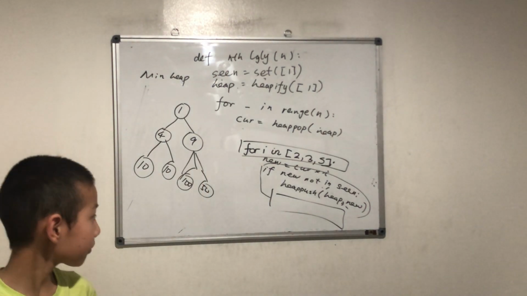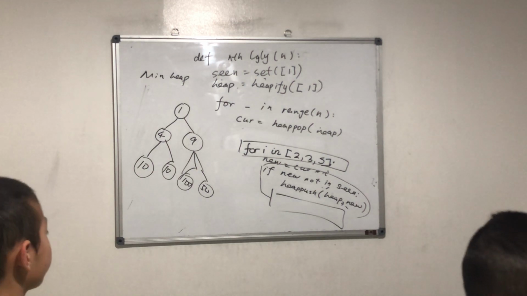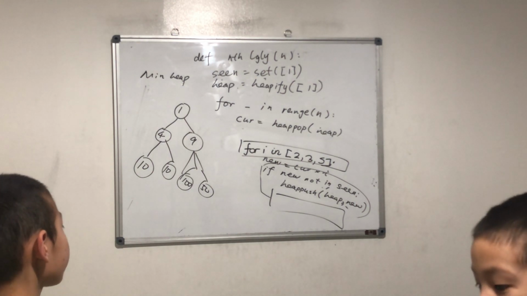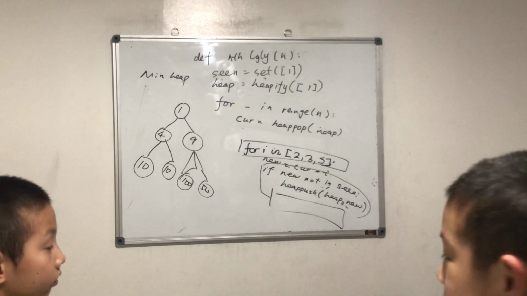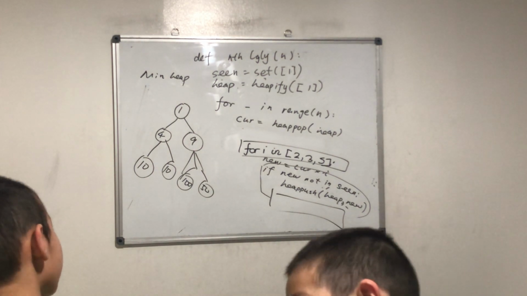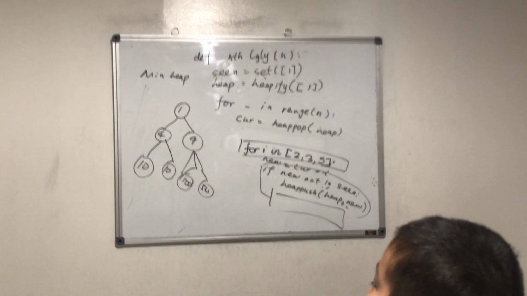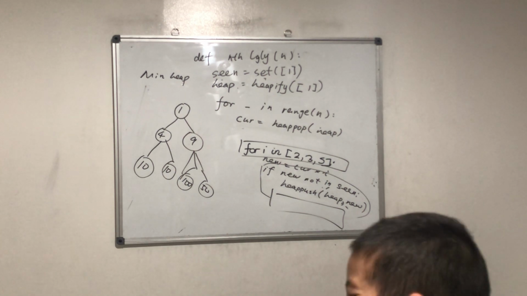For each prime, we multiply. If the number is not in seen, then we need to heap push it, and we also need to put it into seen, right? How do we do that? seen dot what? Add.